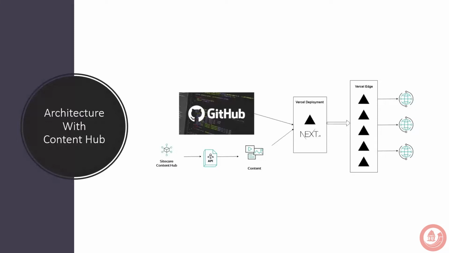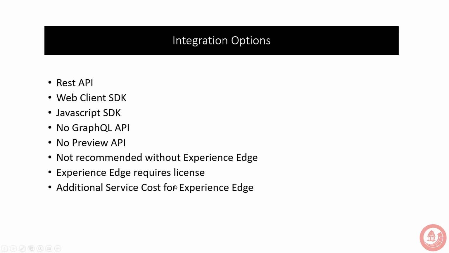But let's talk about Content Hub for a moment here. If we use Content Hub, what are the different options for me to get the data from the Content Hub? There are many options.